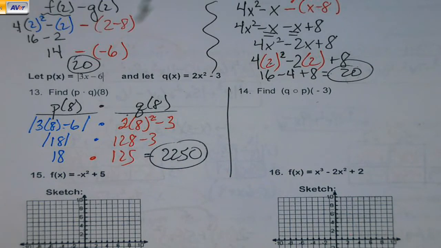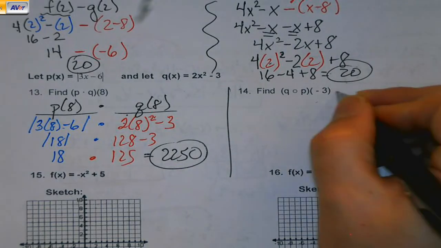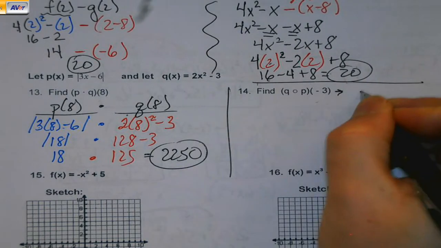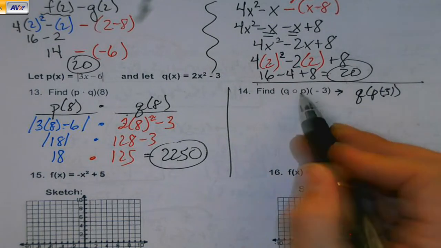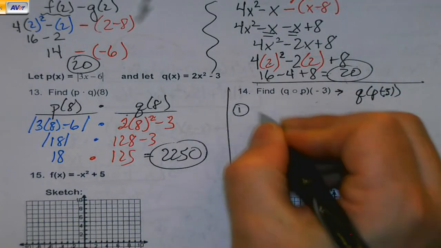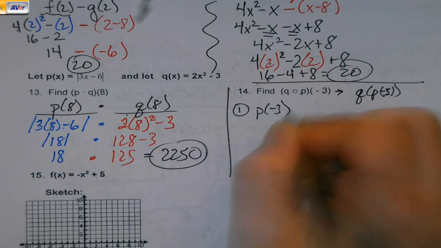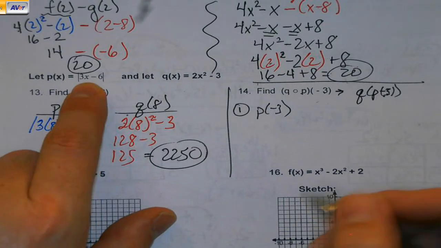And then our last one is one more composition. Again, if I want to rewrite it, I can feel free. I'm going to do p of negative 3 first. There's my p.